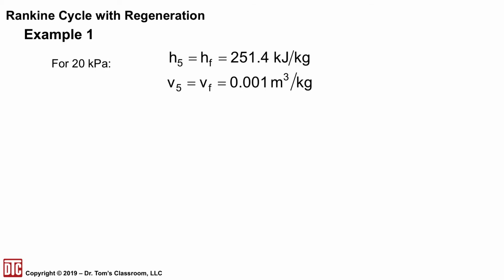Okay, then for 20 kPascals, we can find H5 and V5. We'll need that for the pump. So we have H5 as saturated liquid, 251.4 kilojoules per kilogram. And so H6 is H5 plus the work of pump 1.